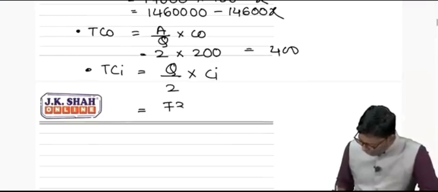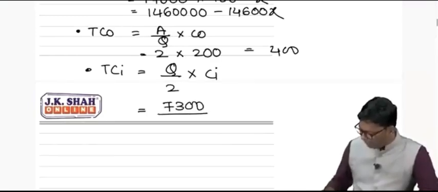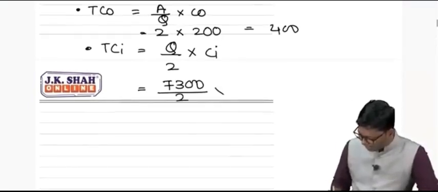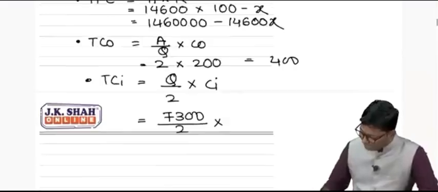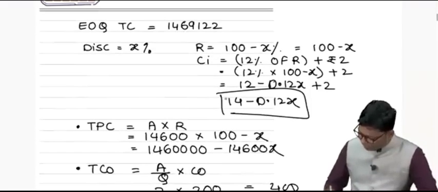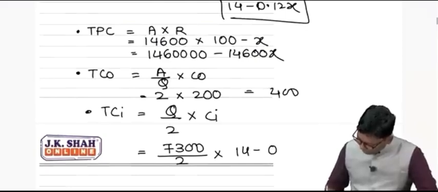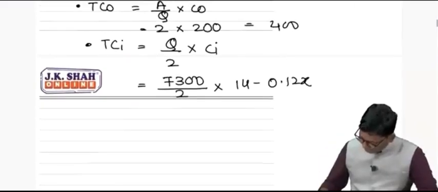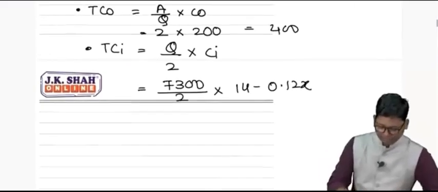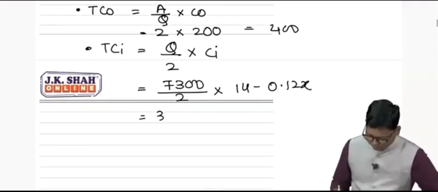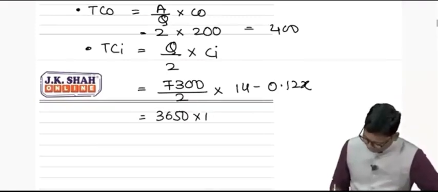I am placing an order containing 7,300 kgs of raw material. I am dividing it by 2. When you multiply it by CI, it is computed. Our revised CI is 14 minus 0.12X. You just need to solve this. 7,300 divided by 2 is 3650 into 14 minus 0.12X.